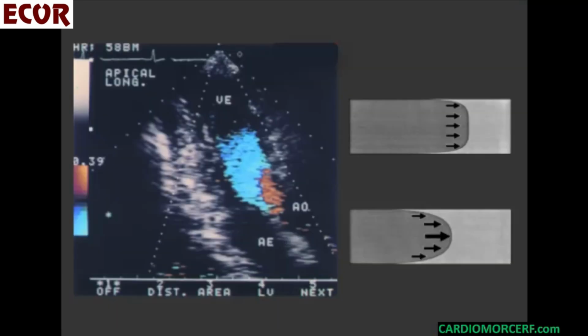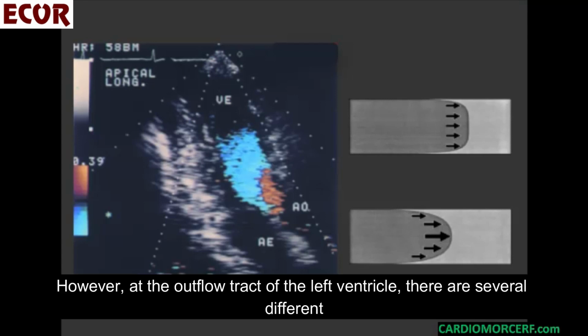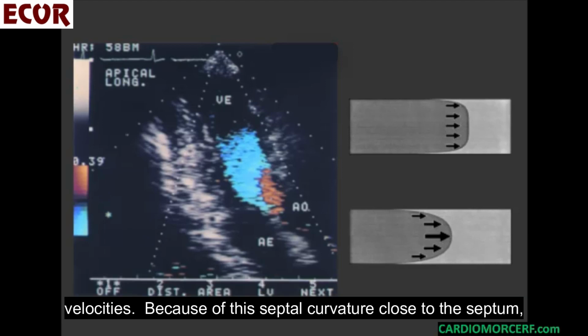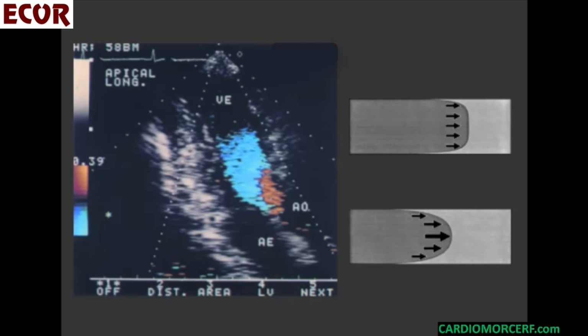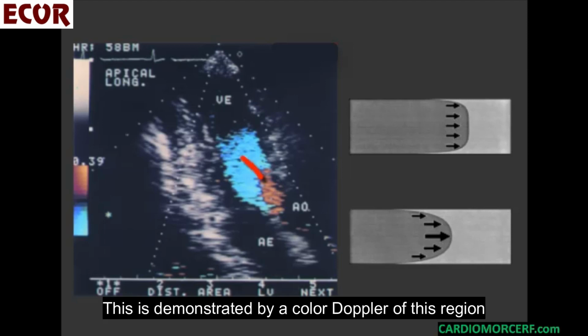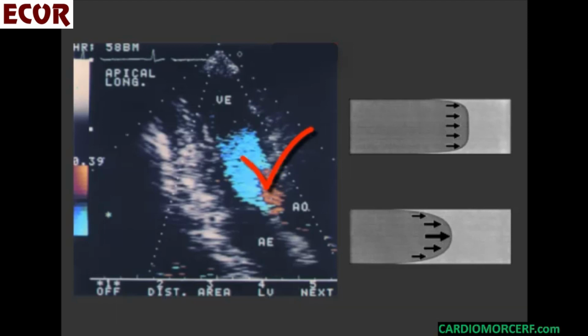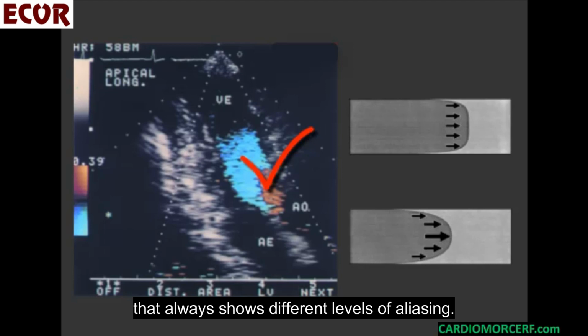of a velocity. However, at the outflow tract of the left ventricle, there are several different velocities because of the septal curvature. Close to the septum, they are higher than away from it. This is demonstrated by a color Doppler of this region that always shows different levels of aliasing.